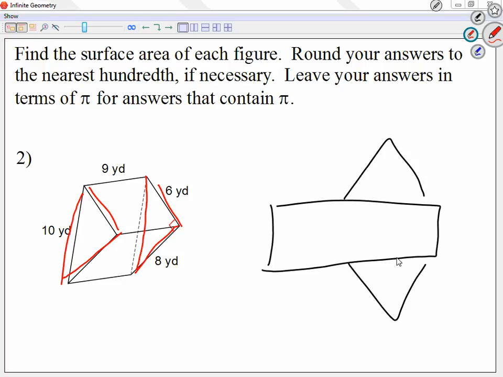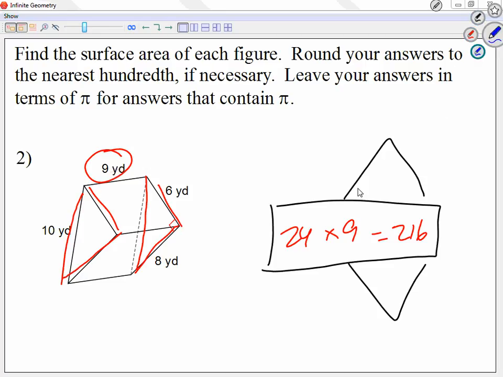For the rectangle in the center, I'm going to go 24 times 9. The 24 is I added the three sides of the triangle: 10 plus 8 plus 6 gives me 24. And 9 is the distance between my two bases. So just go 24 times 9, and you should have 216 for that one.